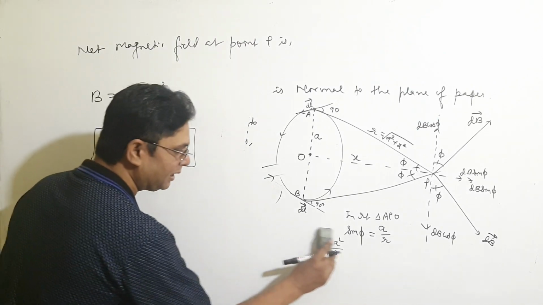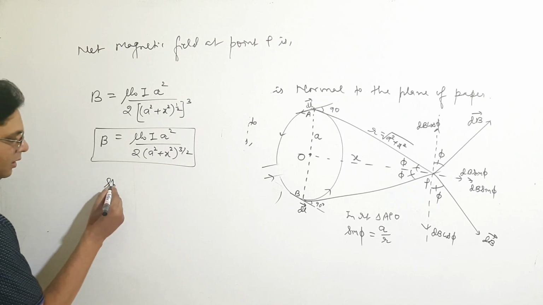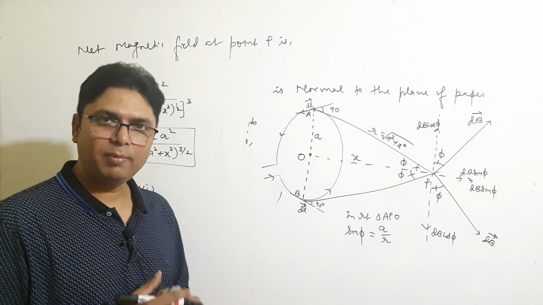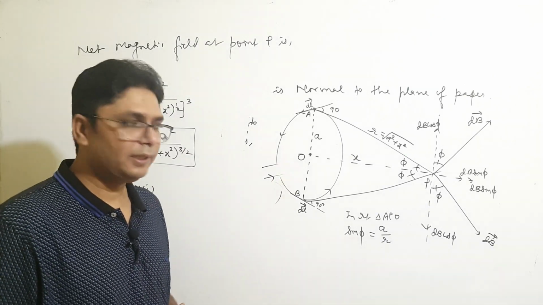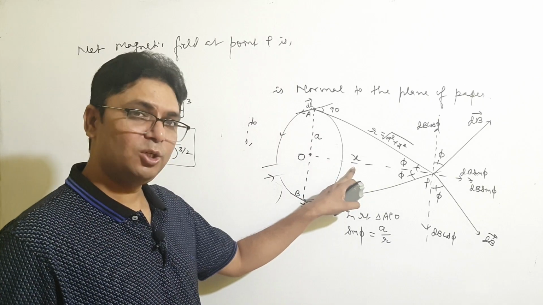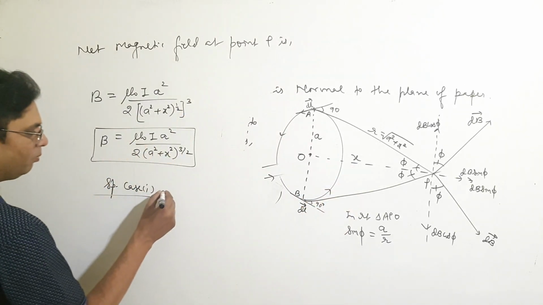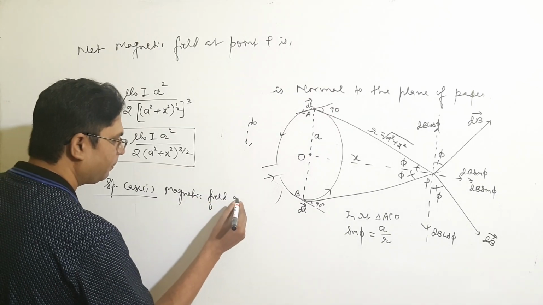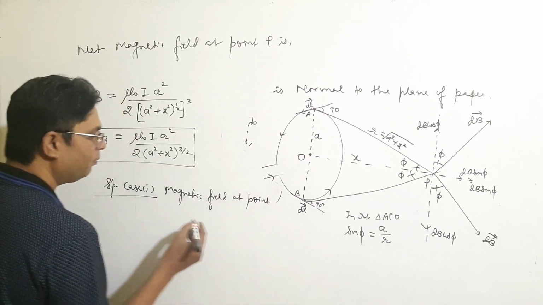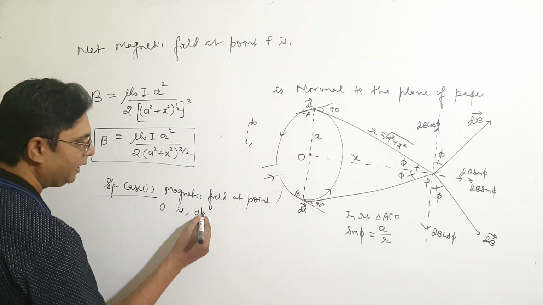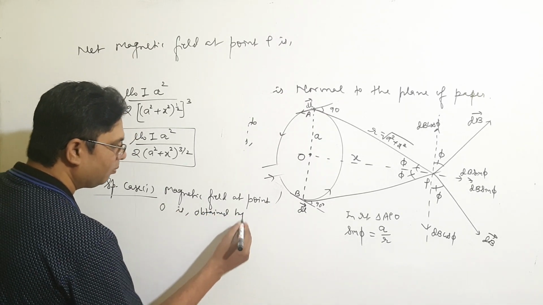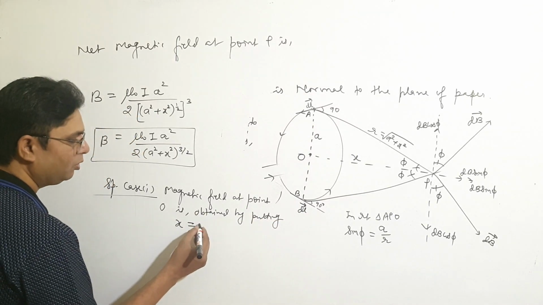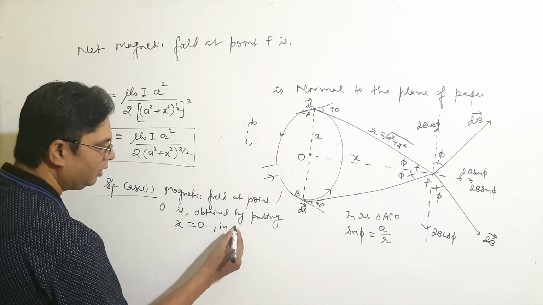Now let us have a special case. If we want to find the magnetic field at point O, then in that situation x equals 0. So the magnetic field at point O is obtained by putting x equals 0 in equation 1.